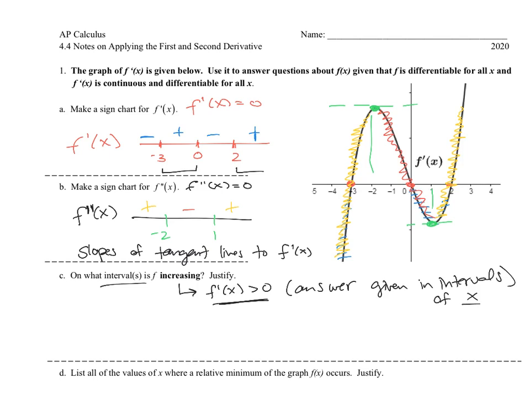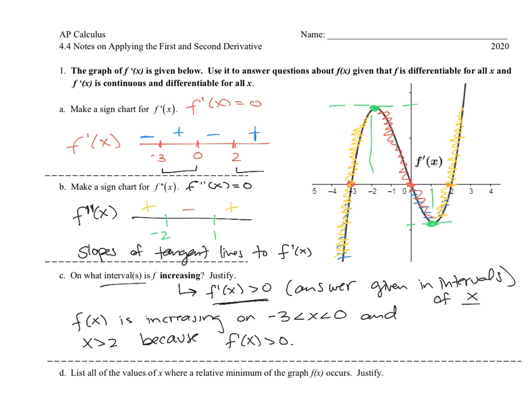And so I'm going to answer the question. It says to justify, I need to give an answer. I like to restate the prompt. F of x is increasing on the intervals -3 less than x less than 0, and x greater than 2, because f prime of x is positive.